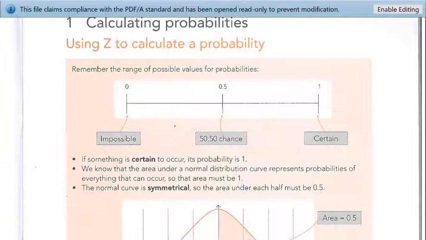Good. If it has an equal chance of happening, that's a 50% chance, or a probability of 0.5, right in the middle, right? If it's certain to happen, that's a probability of what? 1. And all other probabilities have to be between 0 and 1, right? So if you get 1.5 as your probability, then you got a problem, right?